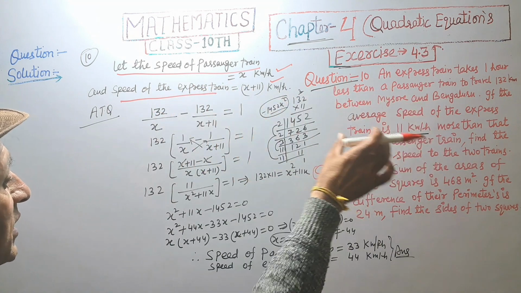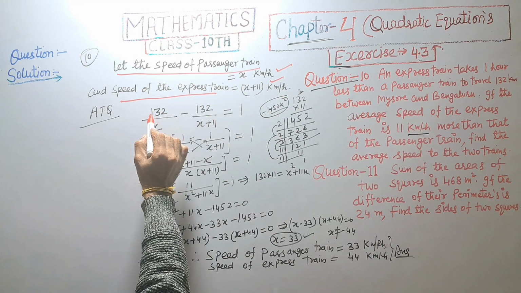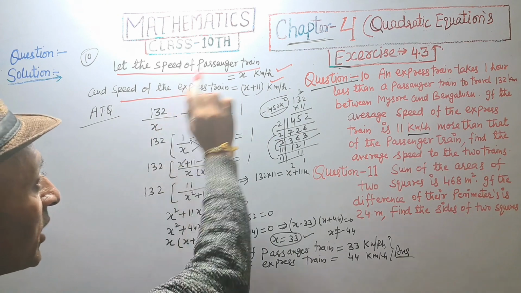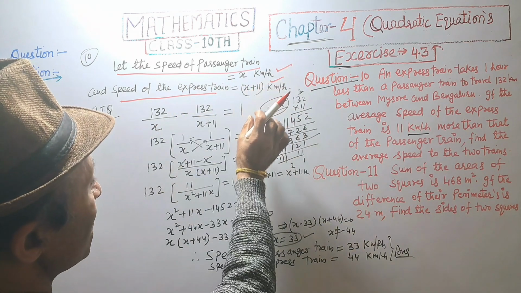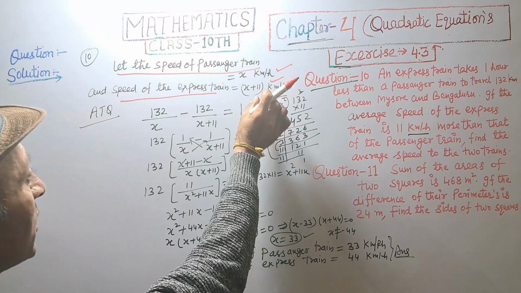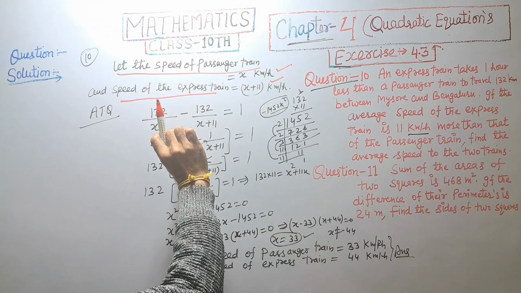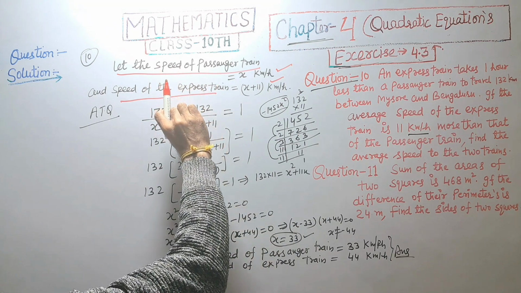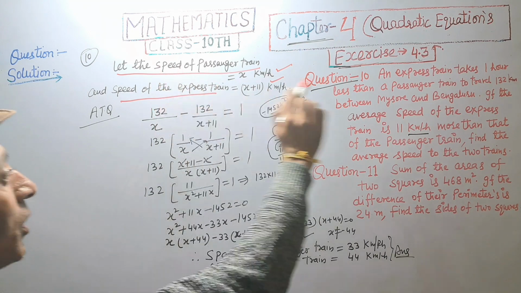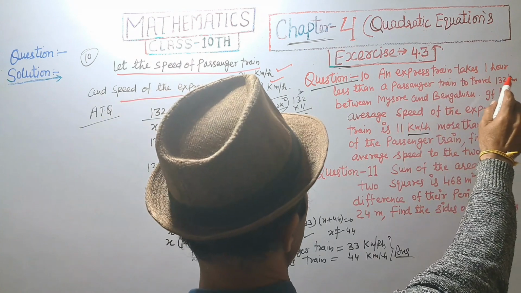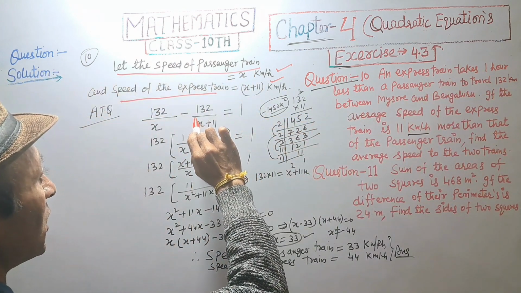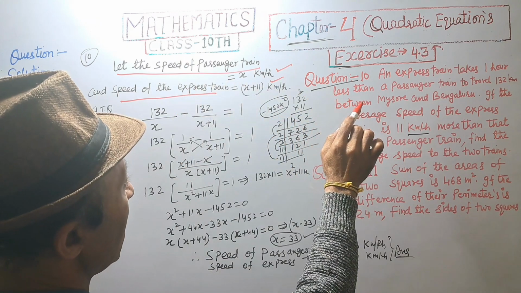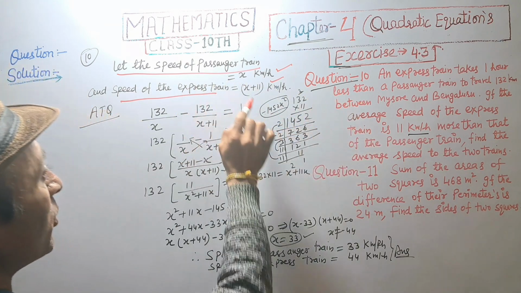Time is equal to distance upon speed. 132 upon x minus 132 upon x plus 11 is equal to 1, since 1 hour less means it will be positive on the right side.